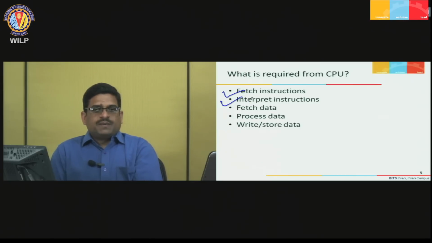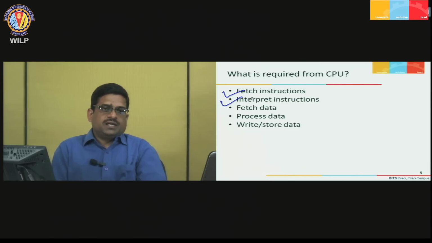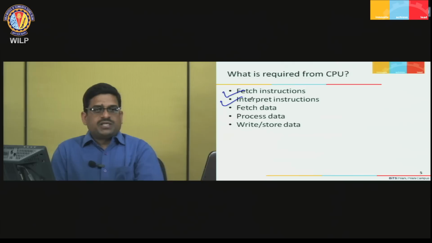So this complete information, including the register number, what operation has to be performed, how to identify the operand in the instruction or the source location, destination location, what is source, what is destination, what operation has to be performed, all this information has to be there in the instruction.